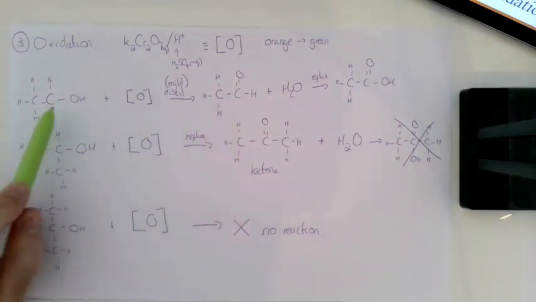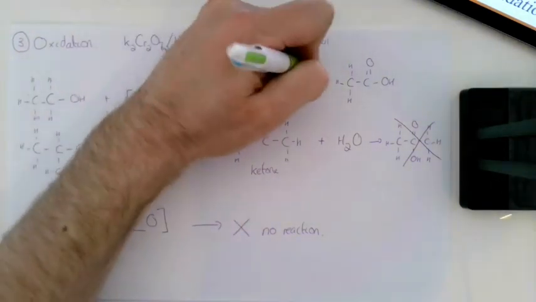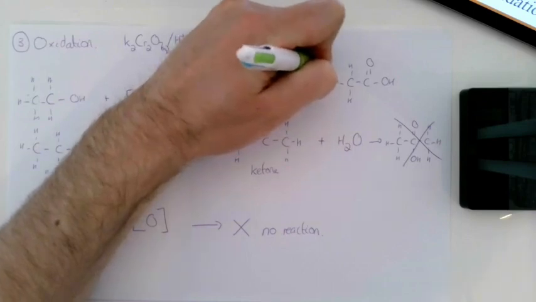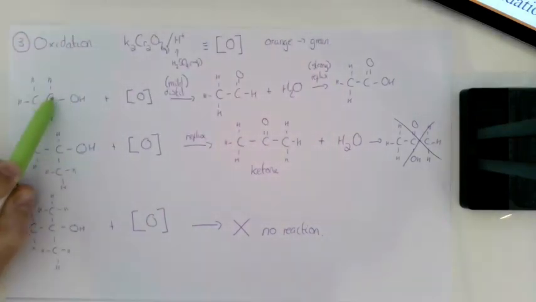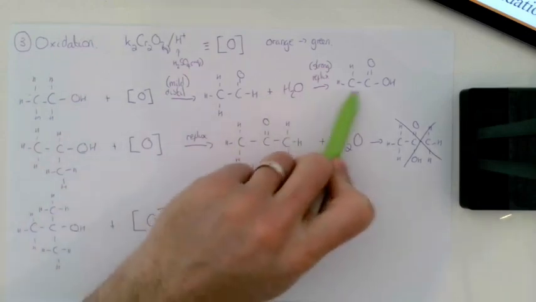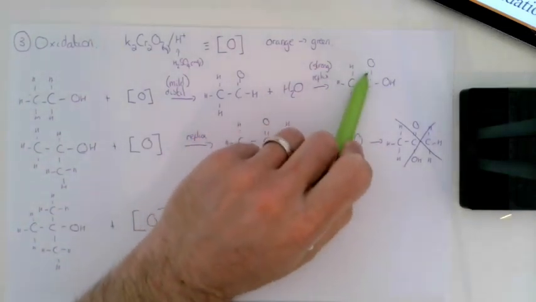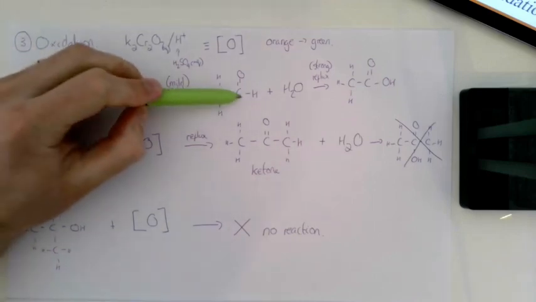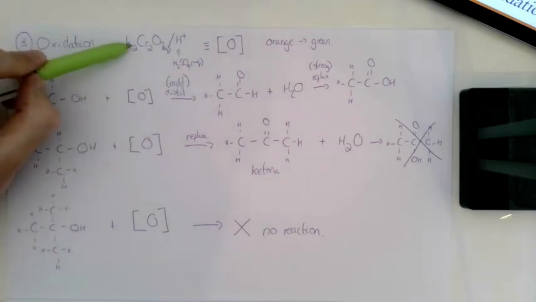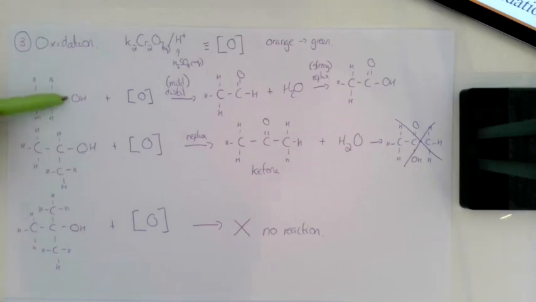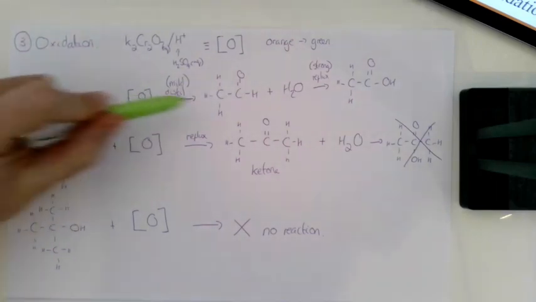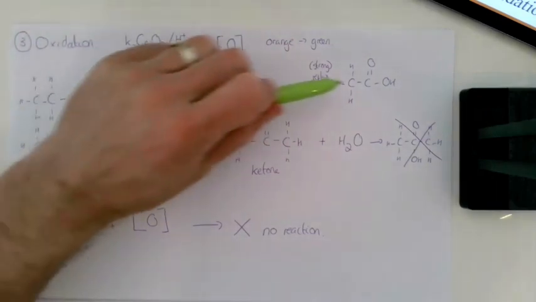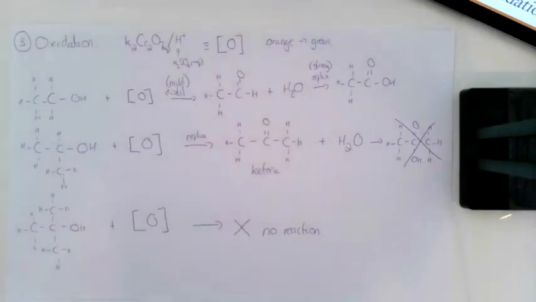If we do a strong oxidation, so if we think of reflux as a strong oxidation, we can get it to go all the way through in order to produce a carboxylic acid. In terms of colour changes, if I do an oxidation, the oxidizing agent will turn green. So going from orange to green, or if I go all the way to this side, it will go from orange to green as well.